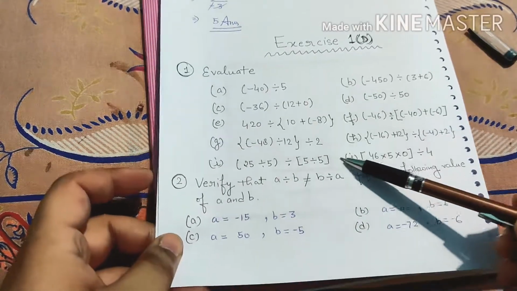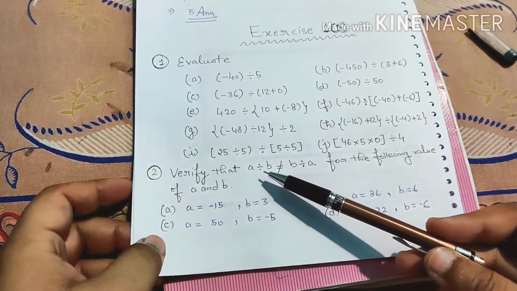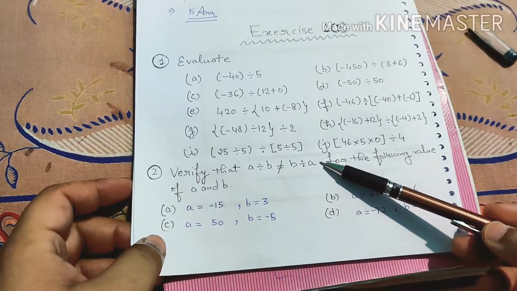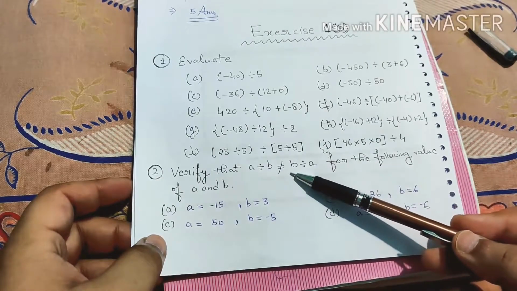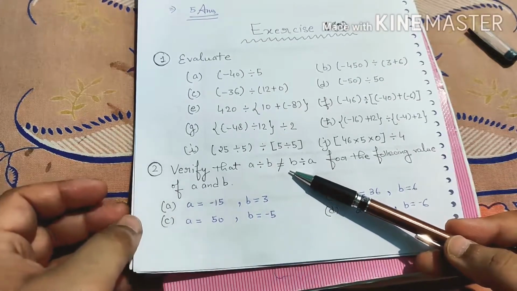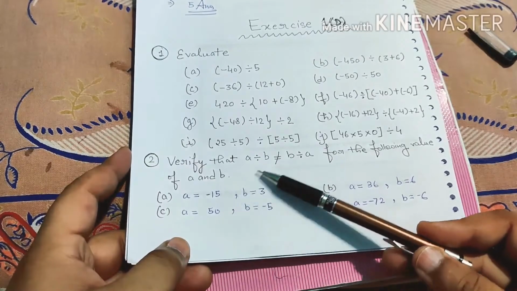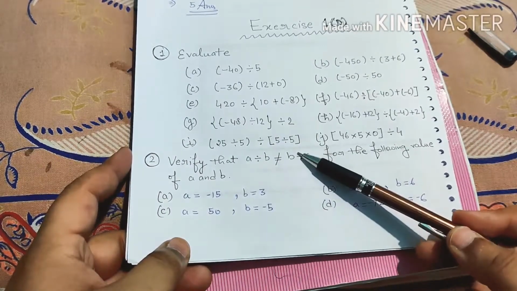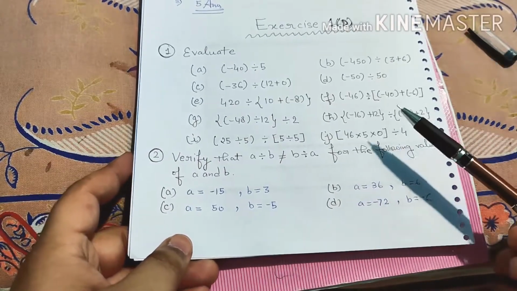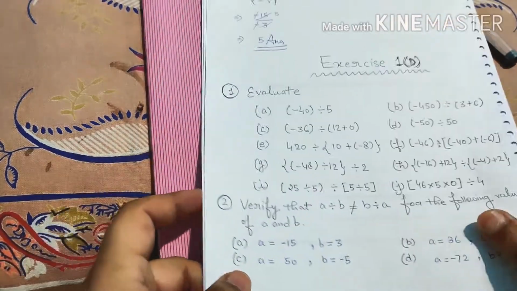Now question number 2: verify that a divided by b does not equal b divided by a. Basically, this is the commutative property. Put these values in the left hand side, put these values in the right hand side, solve them, and you will find that a divided by b does not equal b divided by a.